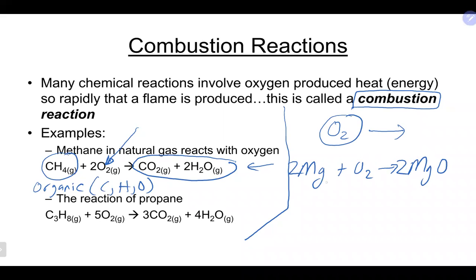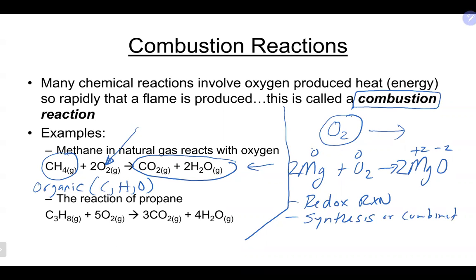This was a redox reaction, if you remember, right? Because we had the electrons transferring. 0, 0, +2, -2. This is also two things that make one thing, which means you could classify this as a synthesis reaction, or combination. And it also has oxygen, which means you could classify this technically as a combustion reaction.